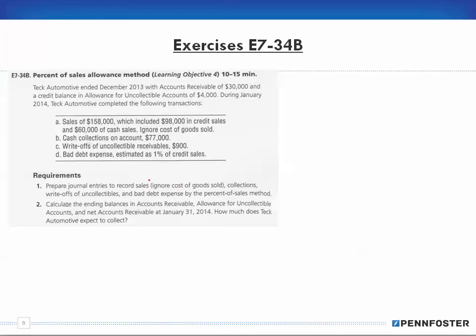Remember, whenever you record a sale out of inventory, you're going to make a corresponding entry to take that item out of inventory and put it to cost of goods sold, but it's telling you to ignore the cost of goods sold. So prepare journal entries to record sales, collections, write-off of uncollectibles, and bad debt expense by the percent of sales method.